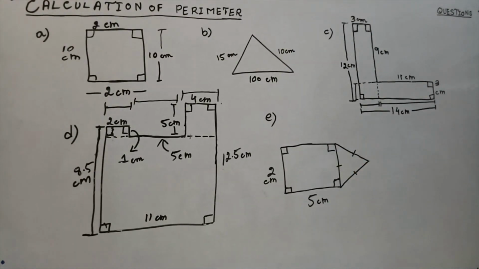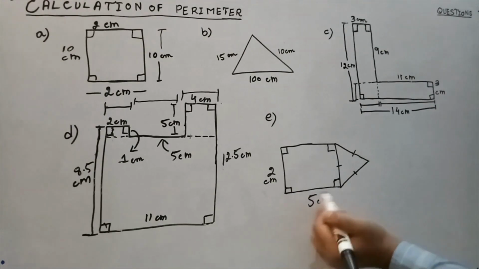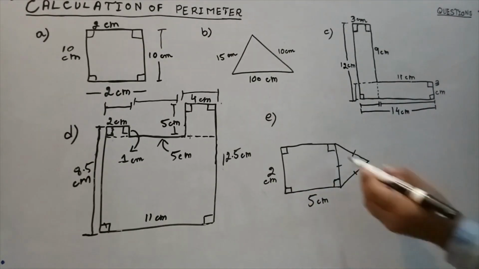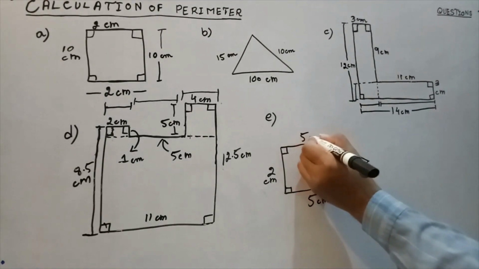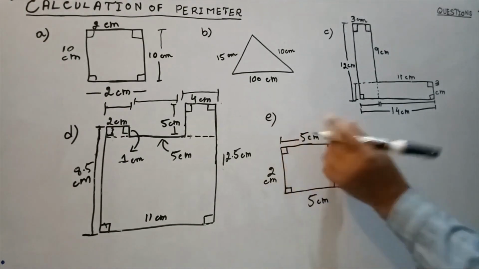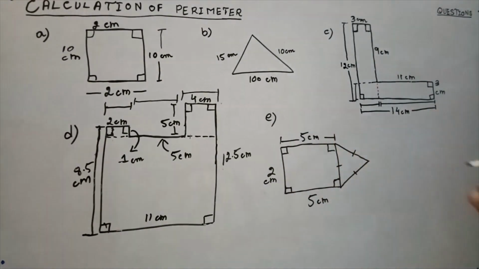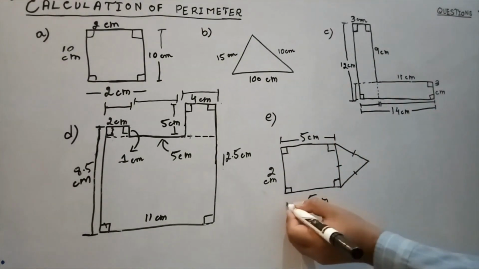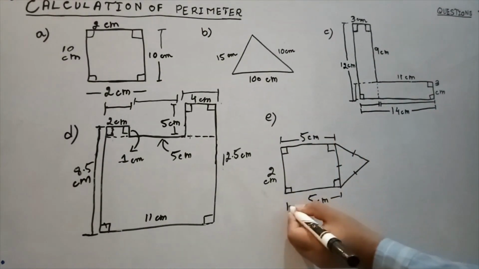Those sides which have this dash type line are equal. This one is 5 centimeters, so this one will also be 5 centimeters, because opposite sides of a rectangle have the same length.